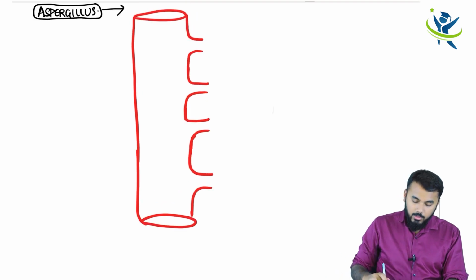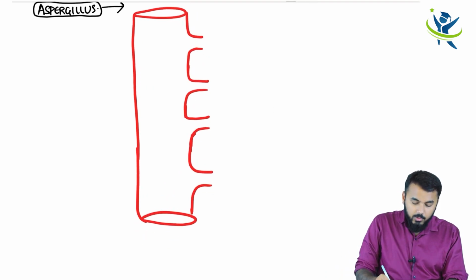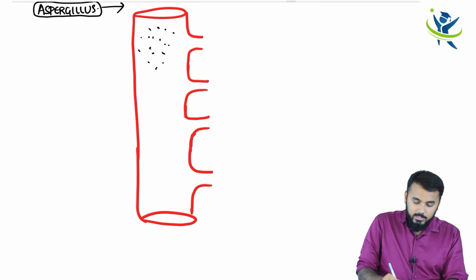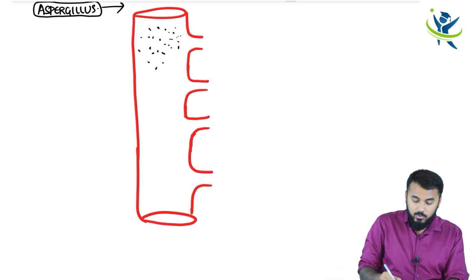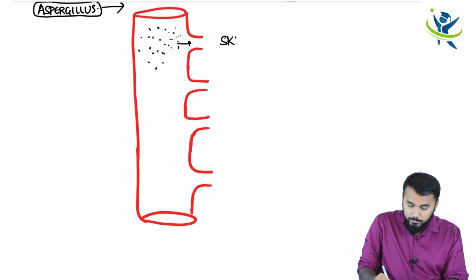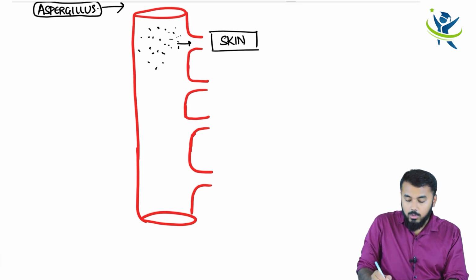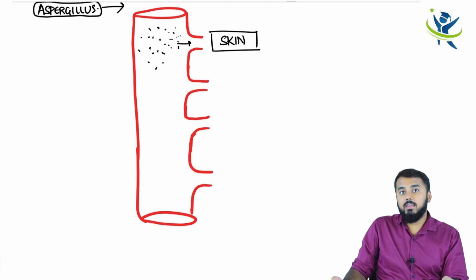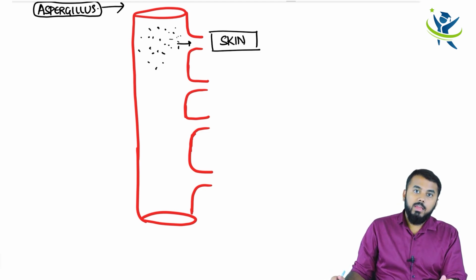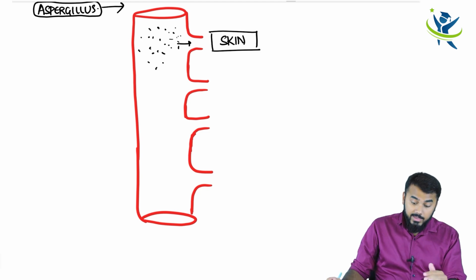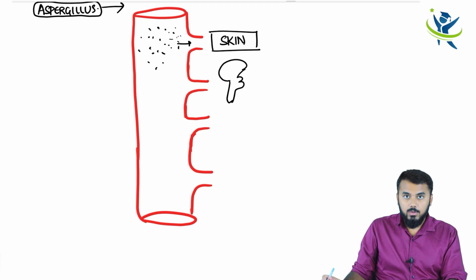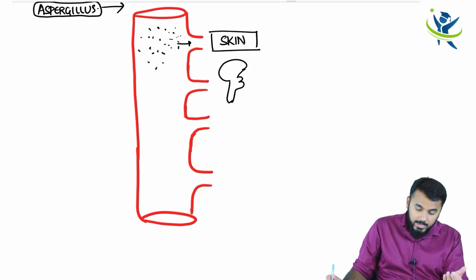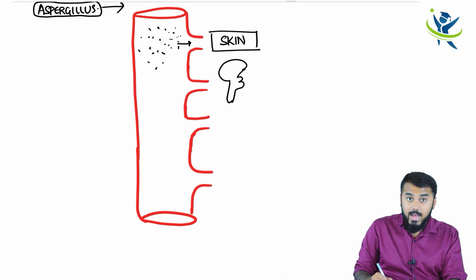These Aspergillus spores spread very fast hematogenously, and it will affect your skin. It would cause infection and infarction of your skin, of your brain tissue as well, and of your paranasal sinuses.